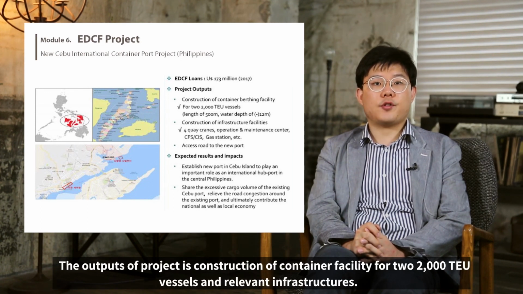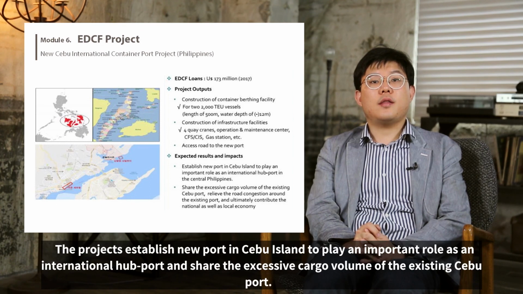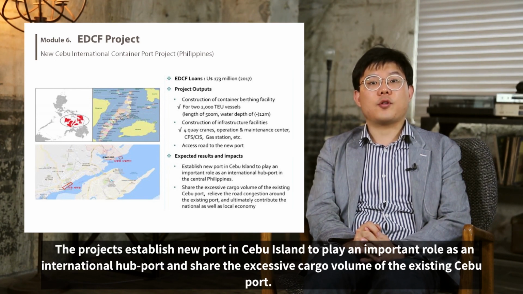The output of the project is construction of container facility for 2,000 TEU vessels and relevant infrastructures. The project establishes a new port in Cebu Island to play an important role as an international hub port and share the excessive cargo volume of the existing Cebu port.